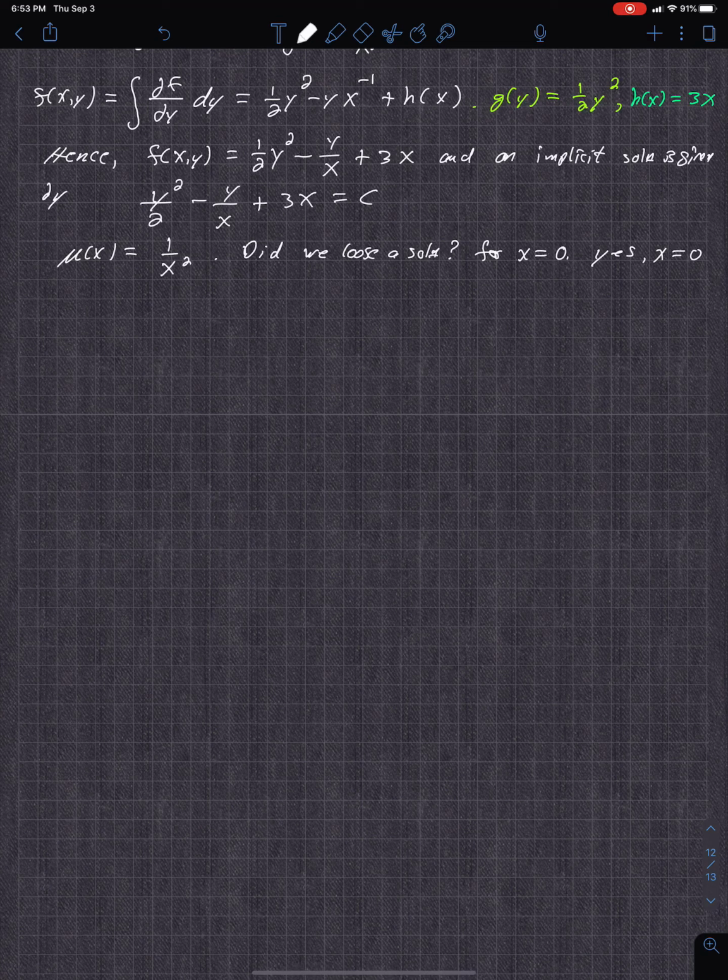X equals 0 is a solution to the original equation.